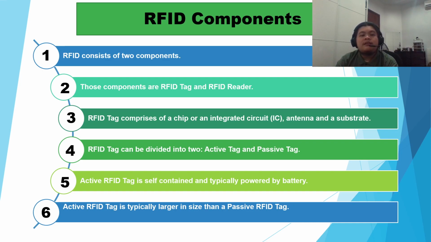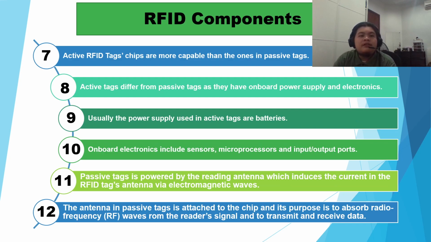RFID tags can be divided into two: active tags and passive tags. An active RFID tag is self-contained and is typically powered by a battery. An active RFID tag is typically larger in size than a passive RFID tag. Active RFID tag chips are more capable than the ones in passive RFID tags.